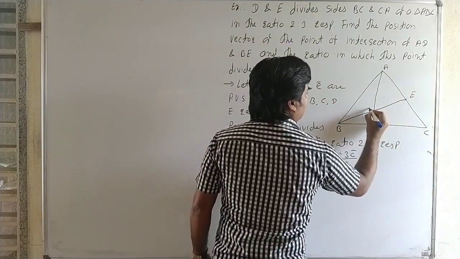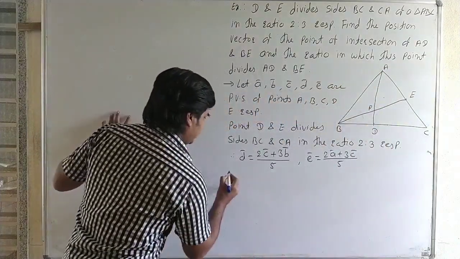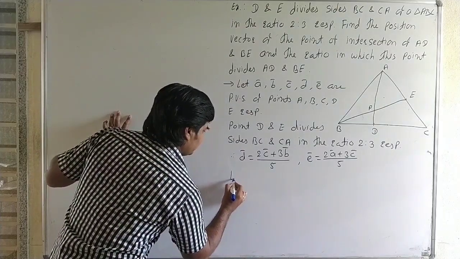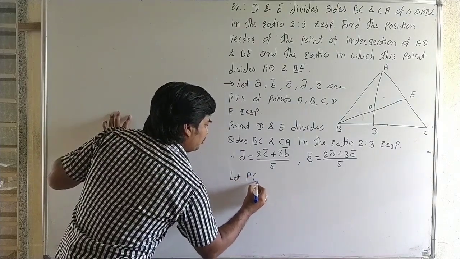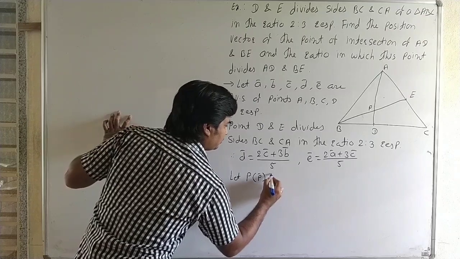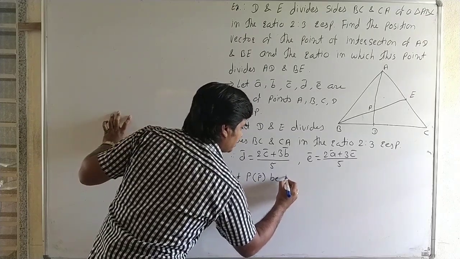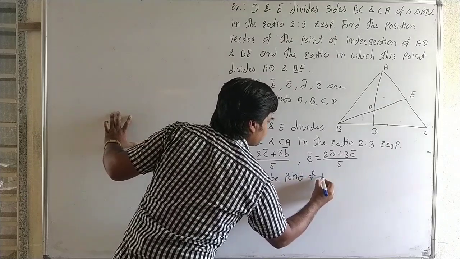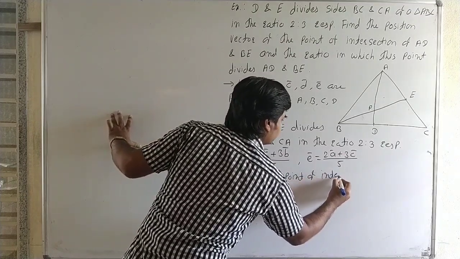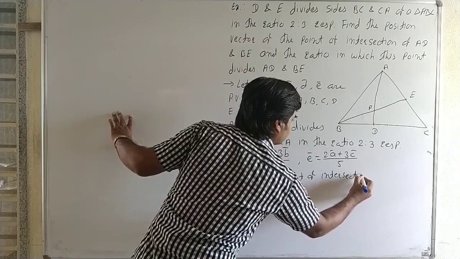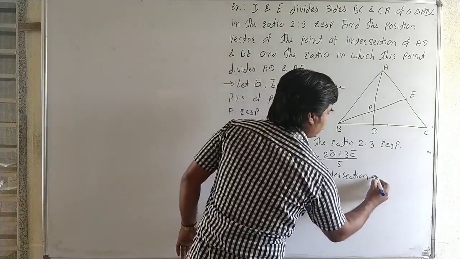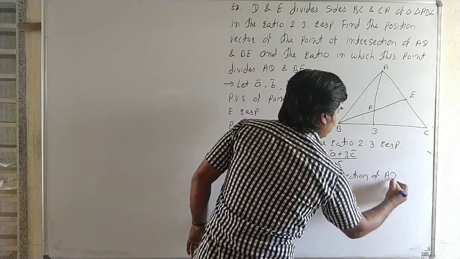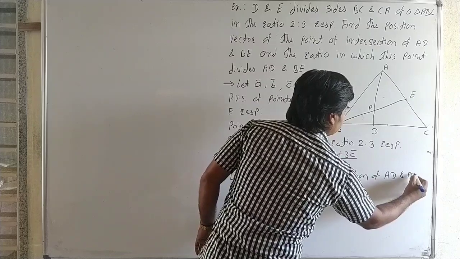Here let it be P. Let P with position vector P bar be the point of intersection of AD and BE.